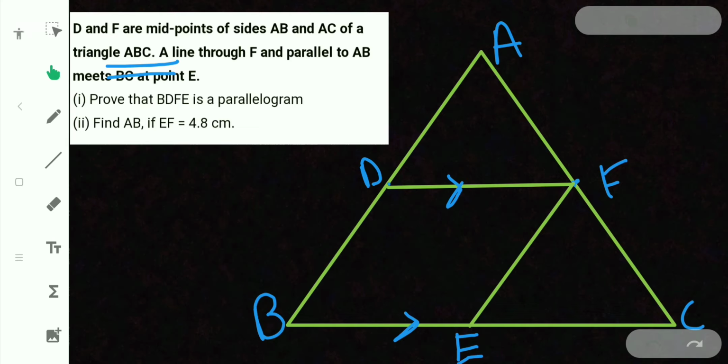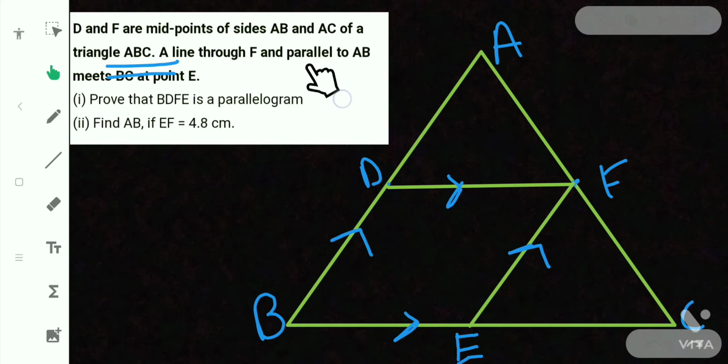And we can say that, now, these two lines are parallel because it is given in the question itself.